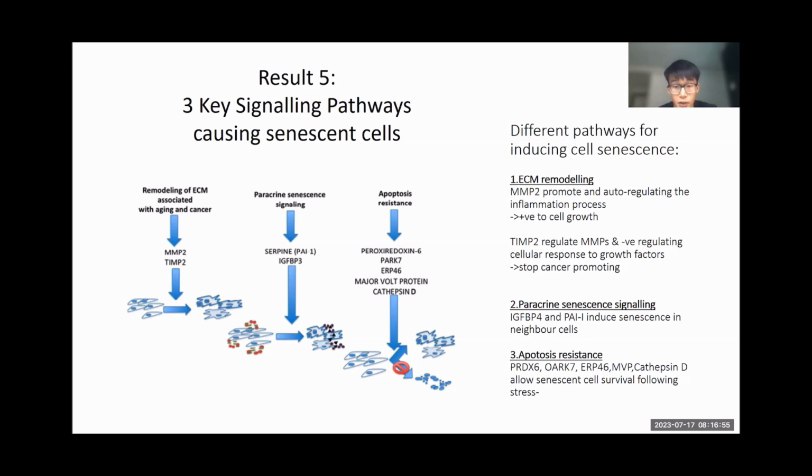The final one is the proteins that exist in gene expression 1. This protein makes the cells more resistant toward apoptosis, as senescent cells will not be apoptosed. Basically you're making the cells survive under stress and become apoptosis resistant.